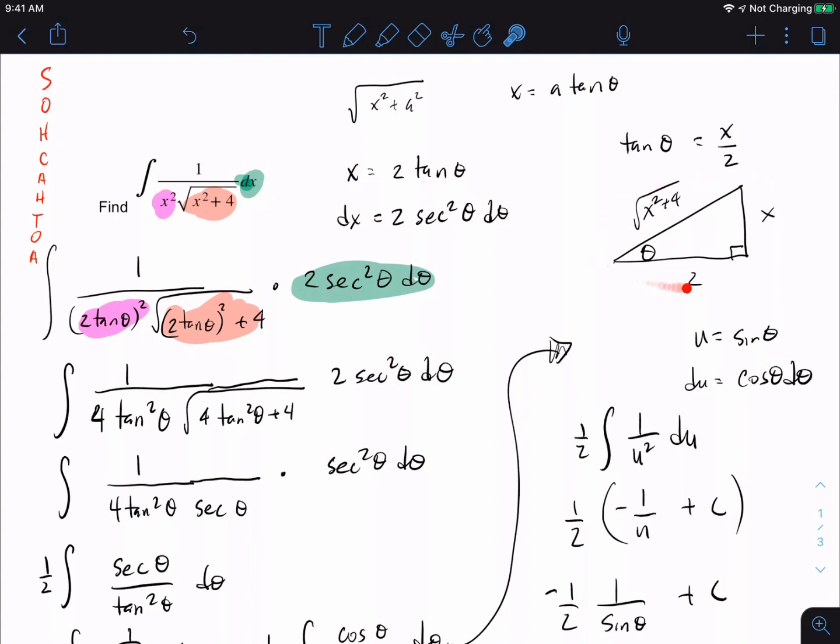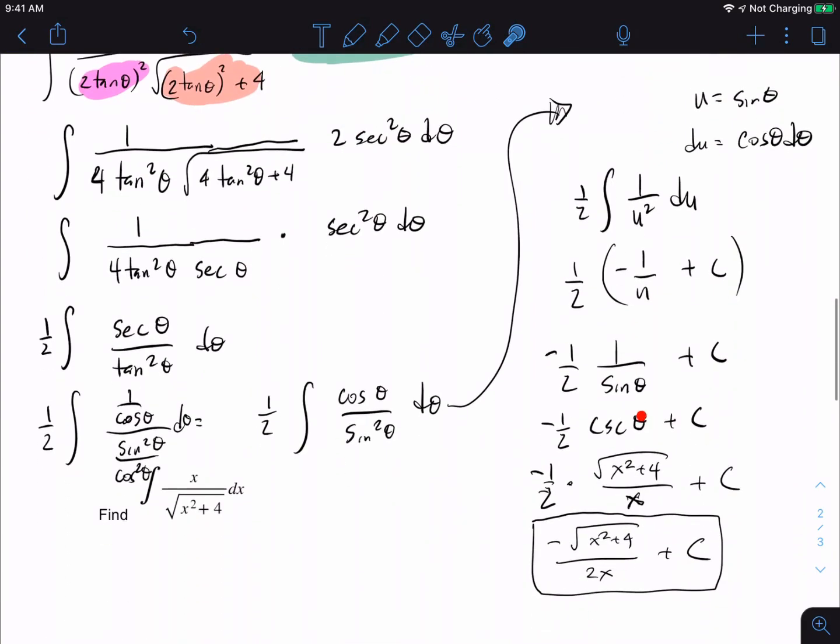This is the triangle that we're looking at. This is the angle, so that's opposite, that's adjacent, that's hypotenuse. Cosecant is the hypotenuse, which is the square root of x squared plus 4, over the opposite, x. So cosecant theta gives us this. Does that help?